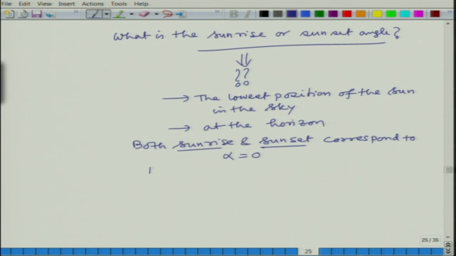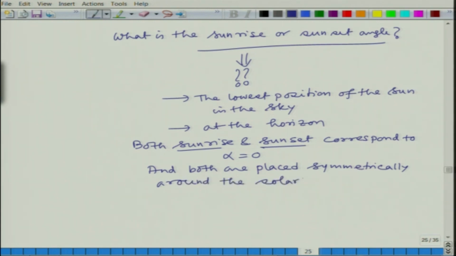and both are placed symmetrically around the solar noon.